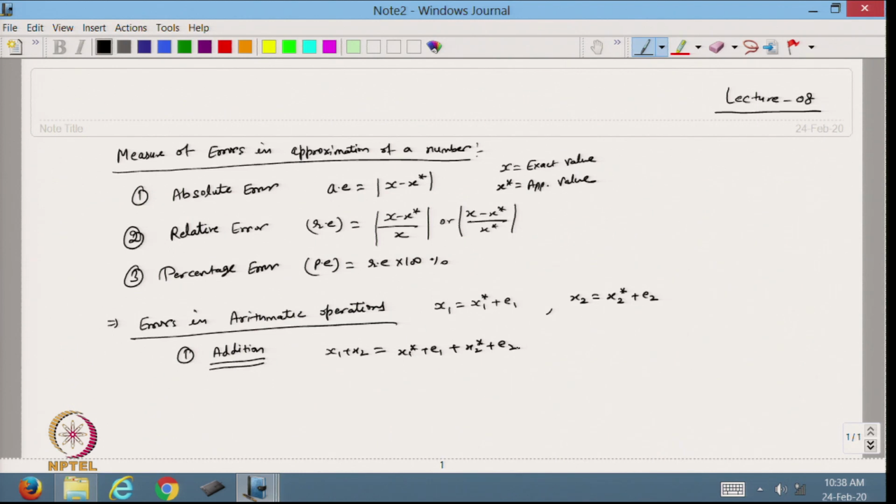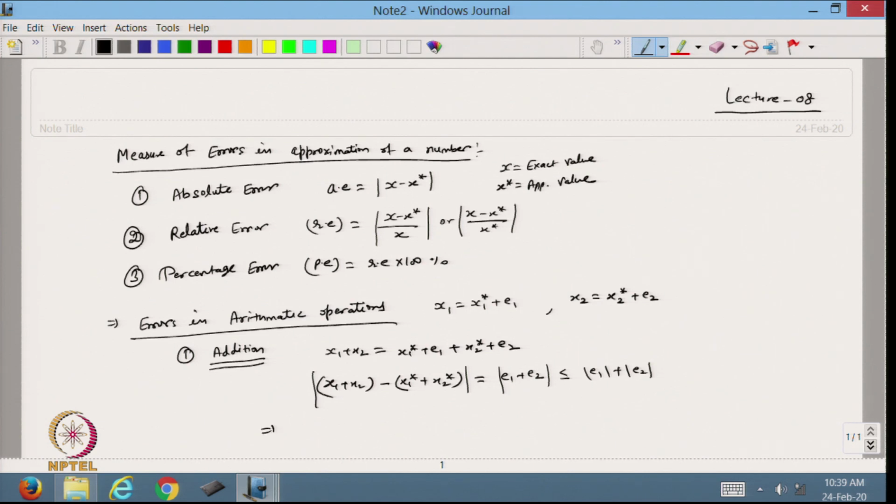Now x1 plus x2 minus x1 star plus x2 star on the left hand side, and on the right hand side I have only E1 plus E2 left. Now I take the modulus value. By the triangle law I can reduce this to less than or equal to modulus of E1 plus modulus of E2.